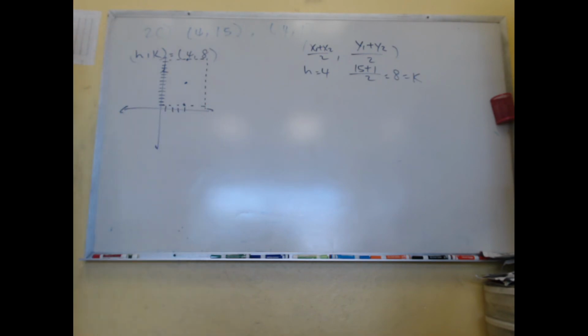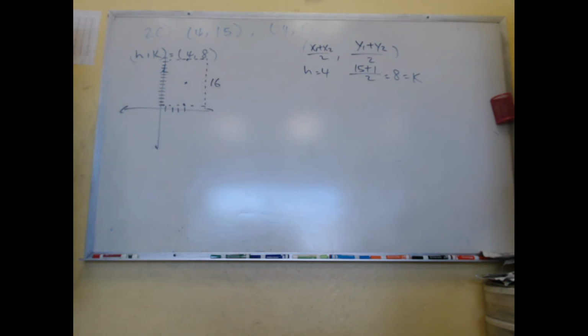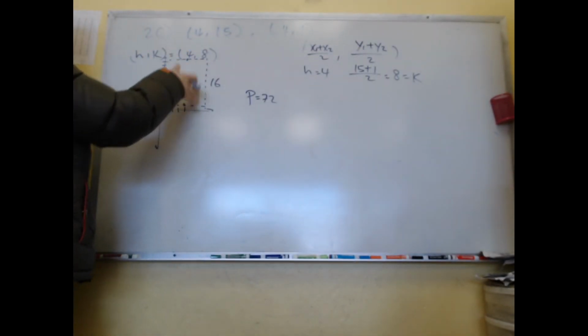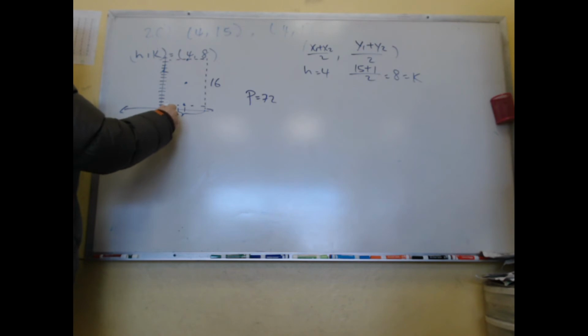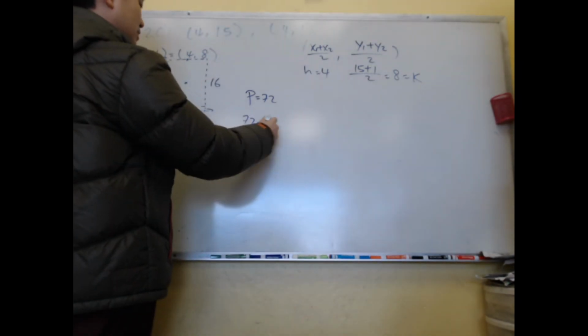Now, what do you notice about the height of this box? It's 16. And what's the given perimeter of this box? 72. So how do you find the width? We got a height already. It's 72 minus 16, divided by 2.